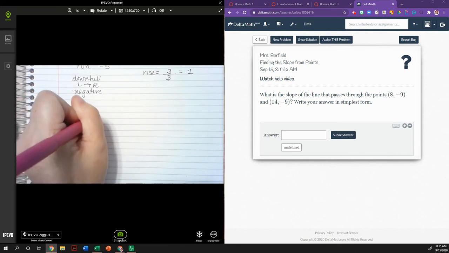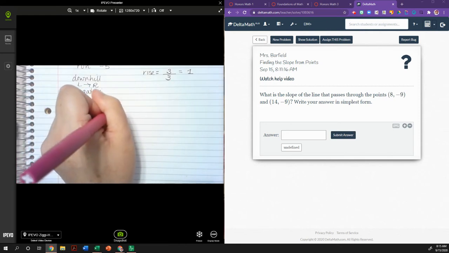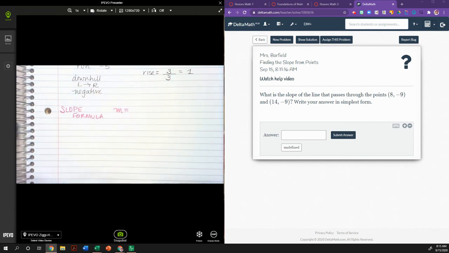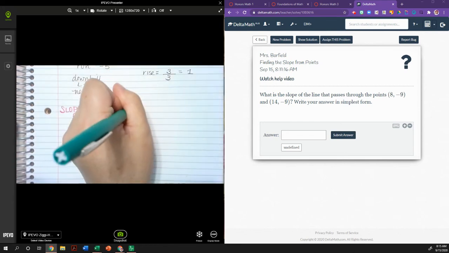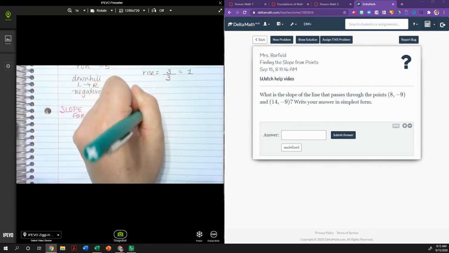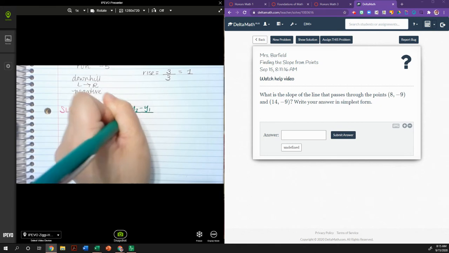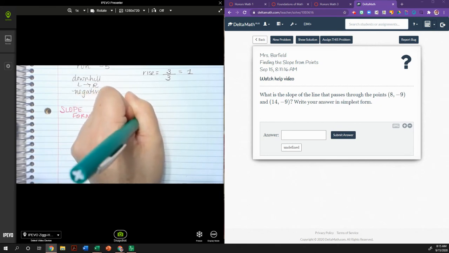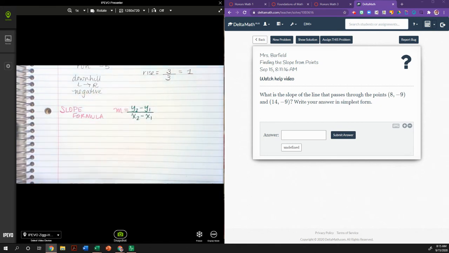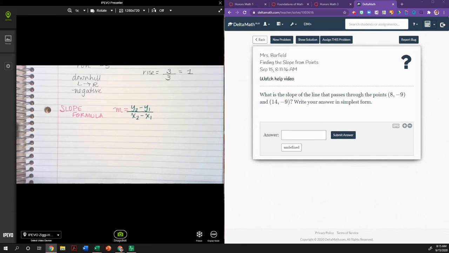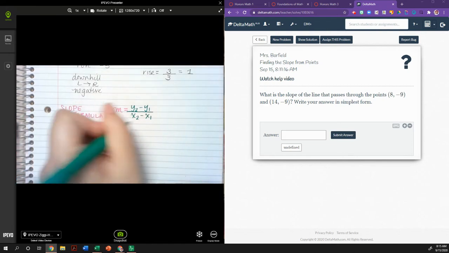The slope formula is m equals, in the numerator, y sub 2 minus y sub 1, over x sub 2 minus x sub 1. What do those x sub 1 and x sub 2 mean?